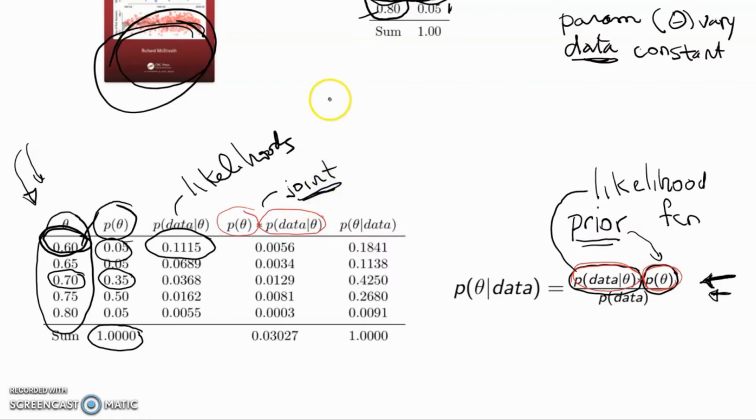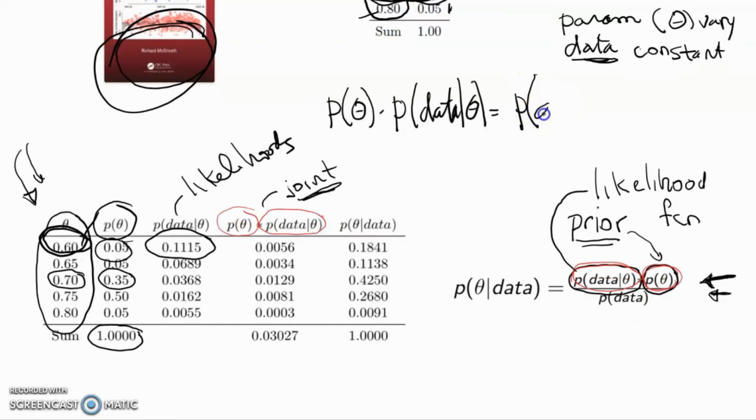Because think about it. P theta times P data given theta is going to give me the joint of data and theta.